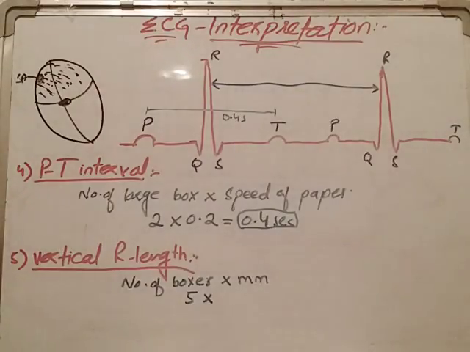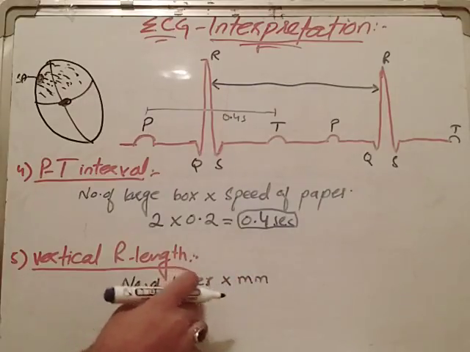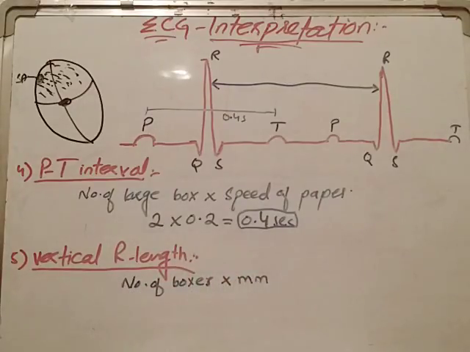We have to calculate the number of boxes multiplied by millimeter. If the number of large boxes is 3, each box is equal to 5 millimeter.